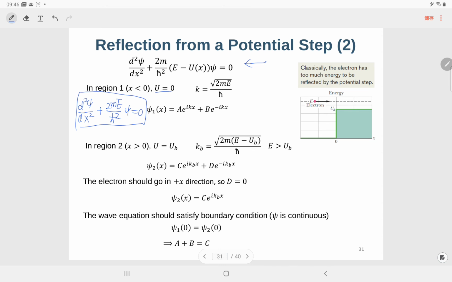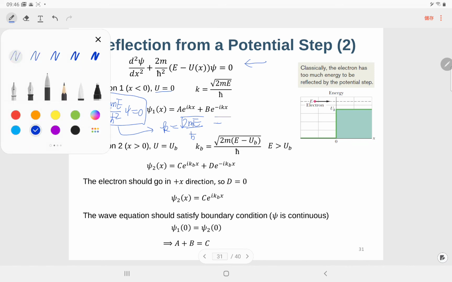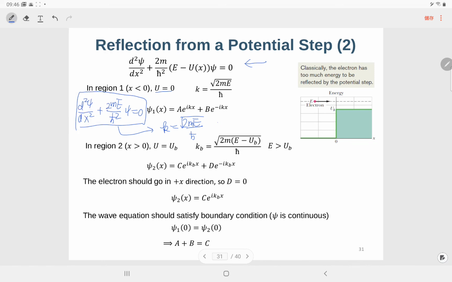Although there are many variables, you can just regard k to be the square root of 2me over h bar. So the original equation will look like the second derivative of phi with respect to x squared plus k squared phi equals 0.